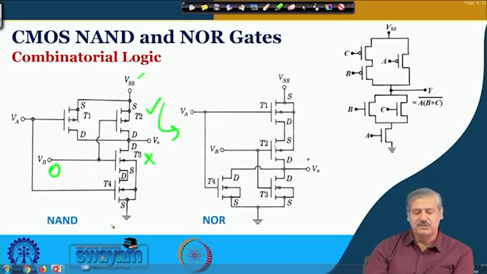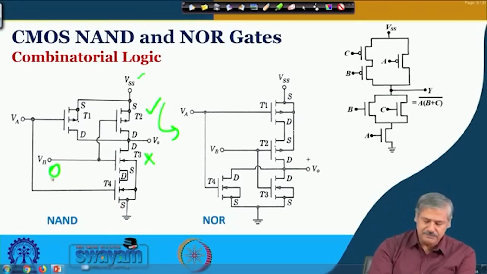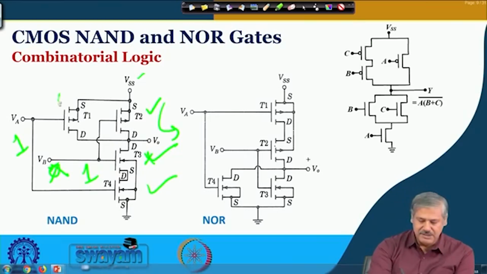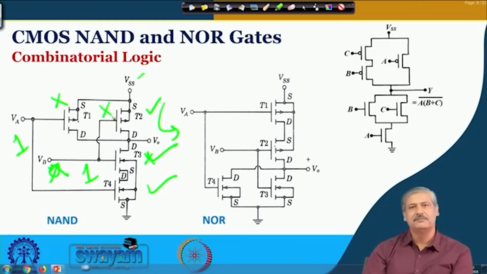Okay. So, that is what happens when both of them are 0, and when both of them are 1. So, this is 1 and this is 1, high. So, this is on, right, and this is off as well as this is off. That is how the PMOS will work.